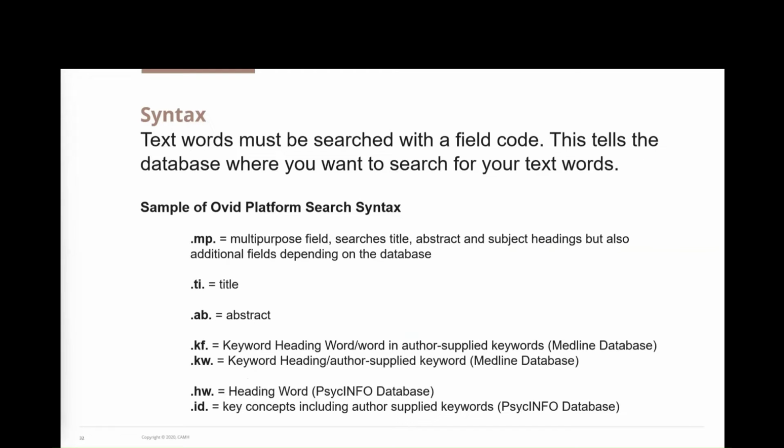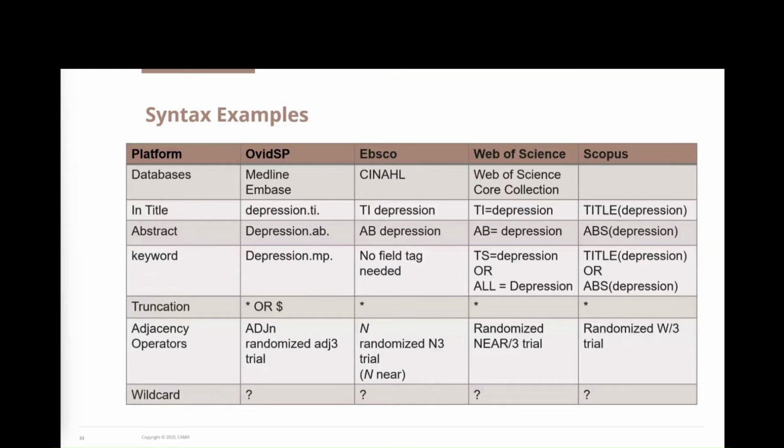Here's an example of Ovid platform search syntax for some commonly used field codes: multipurpose, title, and abstract. In this quick reference chart, I included a few commonly used search syntax examples for different databases.